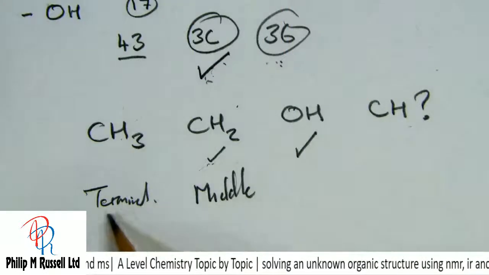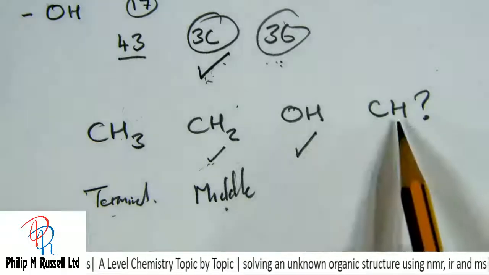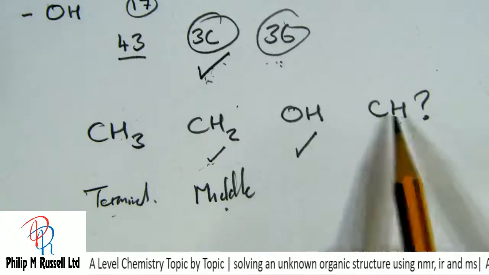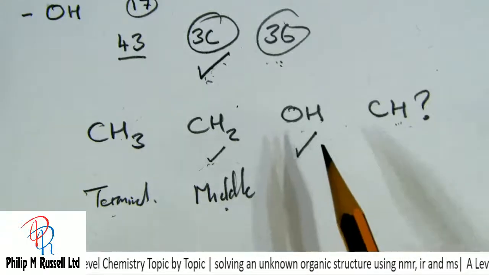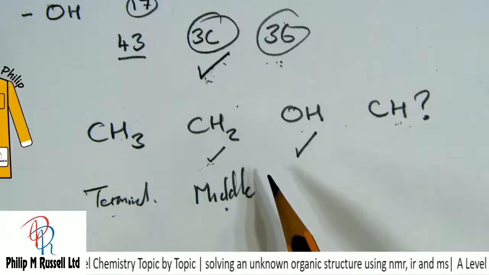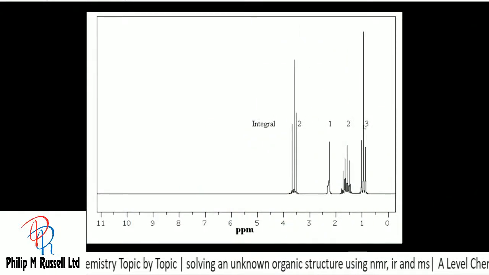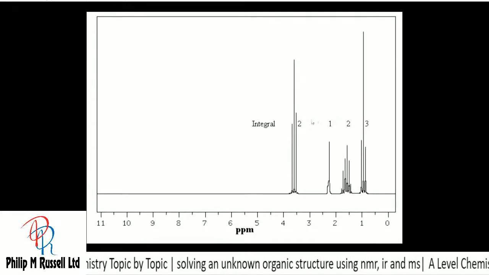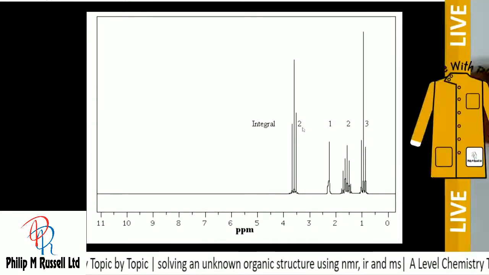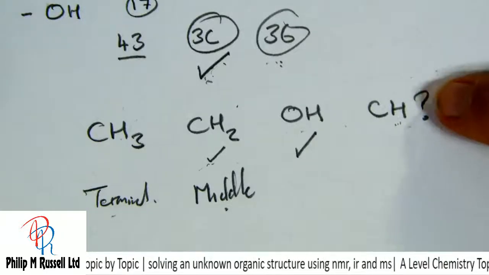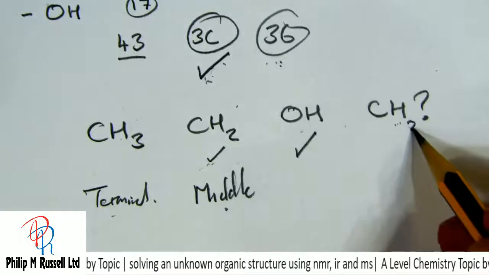Okay, so I've got a terminal CH3, I've got a middle CH2, we've got a CH almost certainly, and now it's probably coupled to the OH. If you're looking at the data, you can see this integral value of 2. So we can do 3 plus 2, 1. That means that carbon, this one here, has to be CH2 because the integral value showed it was 2.